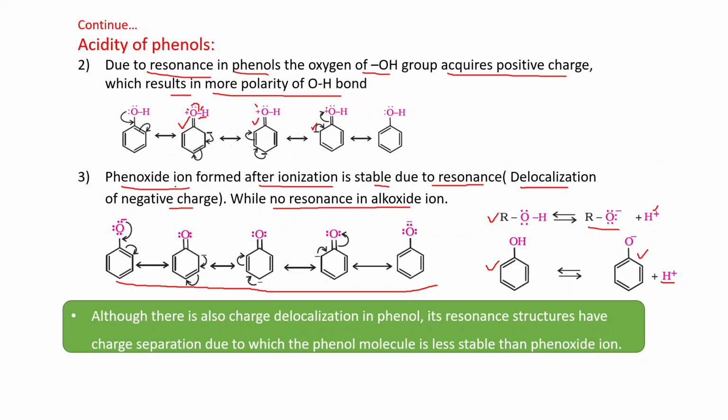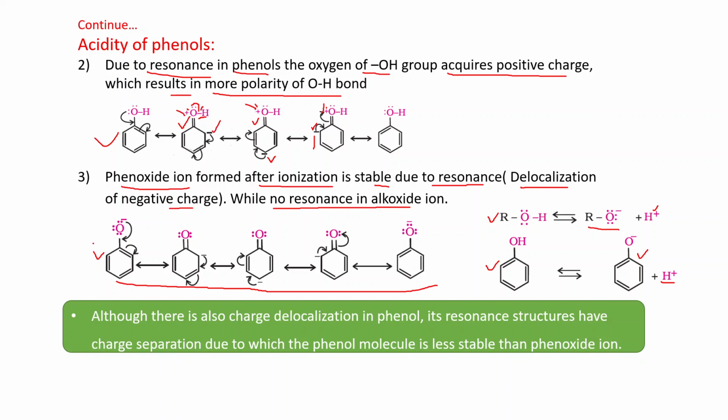We can also say that phenol also shows resonating structures. Then why are phenoxide ions more stable than phenol? You can see these resonating structures. In these resonating structures of phenol, separation of charge is taking place. You can say this is positive charge and this is negative charge. This is positive, this is negative. This is positive and this is negative. This is separation of charge.